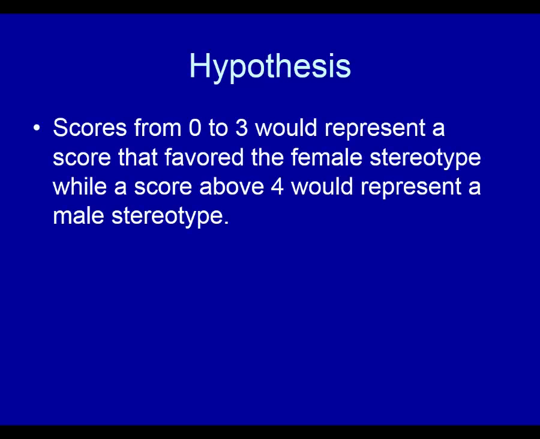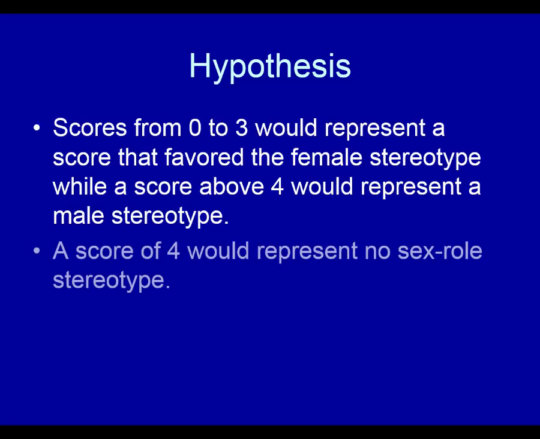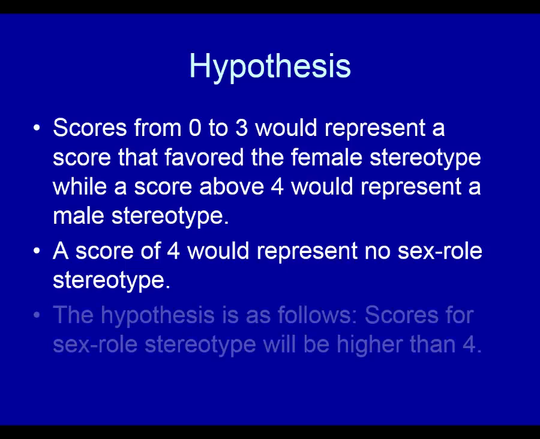Scores from 0 to 3 would represent a score that favored the female stereotype, while a score above 4 would represent a male stereotype. A score of 4 would represent no sexual stereotype. It means basically people selected 4 female stereotyped traits and 4 male stereotyped traits. Therefore, they do not have a gender preference.